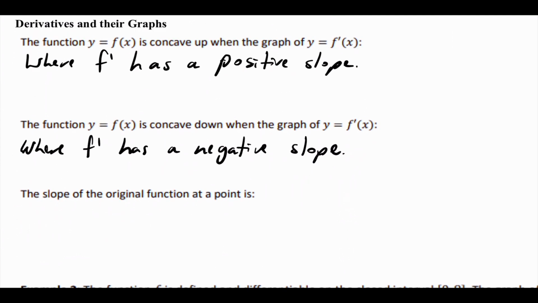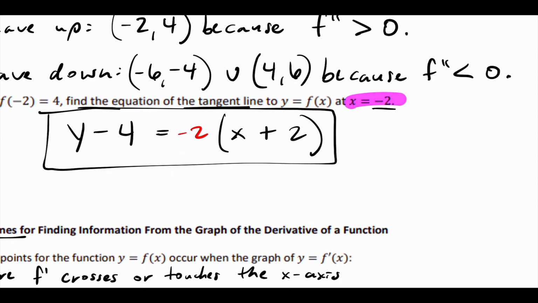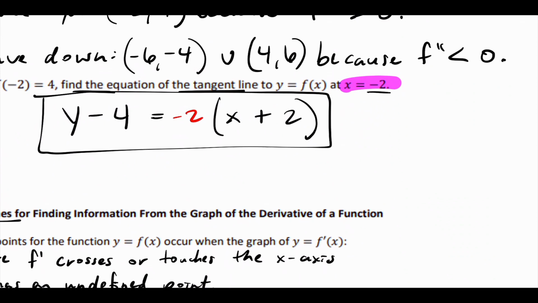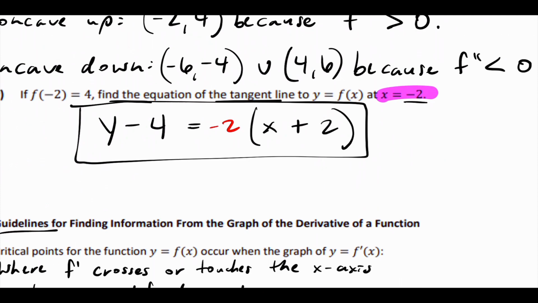And the last one, how did we know where to find the slope of the tangent line? The slope was -2 on the last problem we did, the one in red. How did we know where to find that on the graph? There you go.